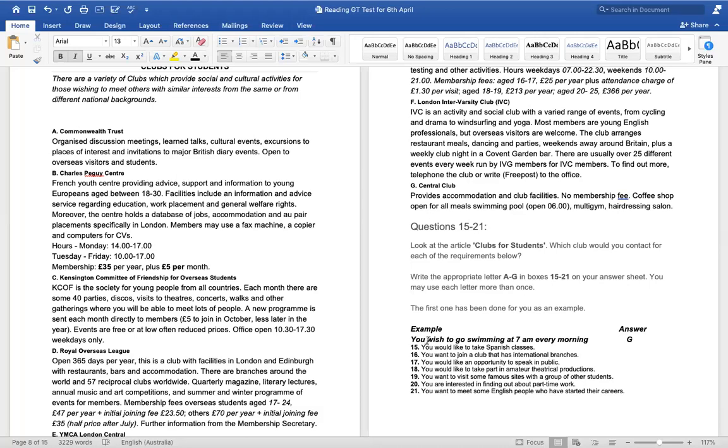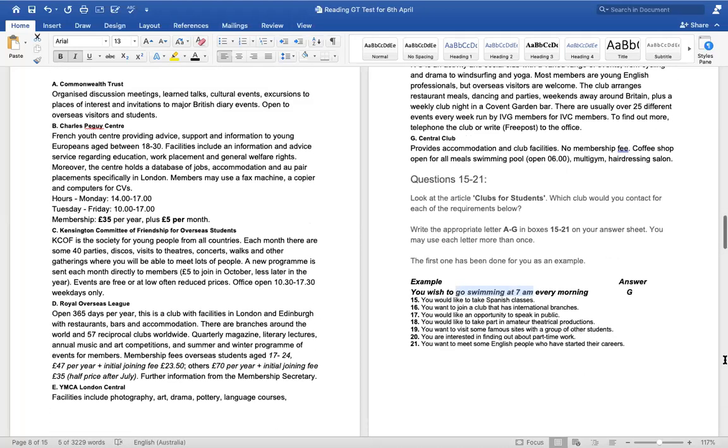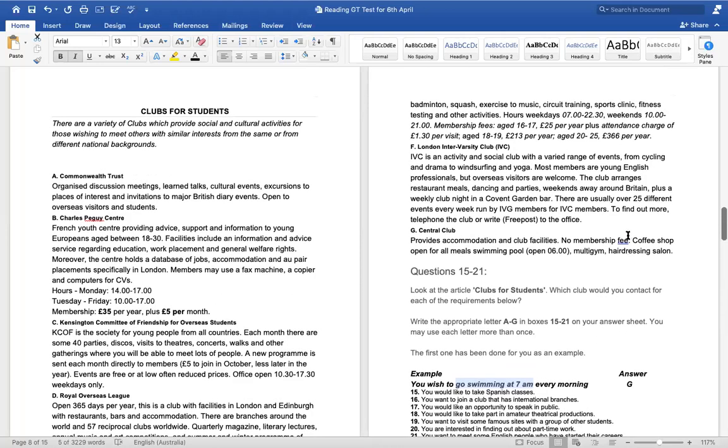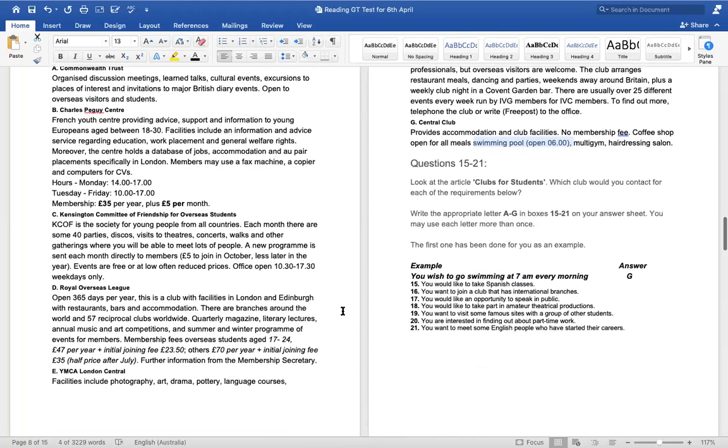Our keywords are swimming and the time, 7 a.m. every morning. The answer given here is G. If we go looking for G, it says no membership fees, coffee shop is open for all meals, the swimming pool is open at 6 a.m. If it was PM, maybe they would have written it as 1800, so we would know it's not AM.